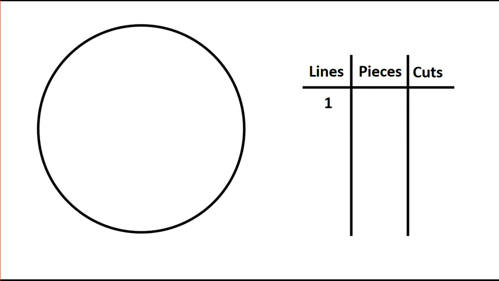Now I'm going to draw my first line from end to end, dividing the circle into 2 pieces. So they're the 2 pieces that have been formed, and no cuts or intersections have been created because I've only drawn one line.